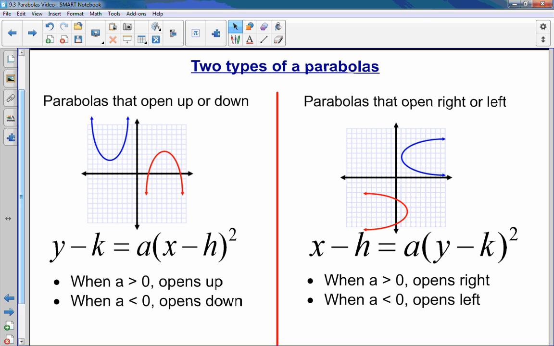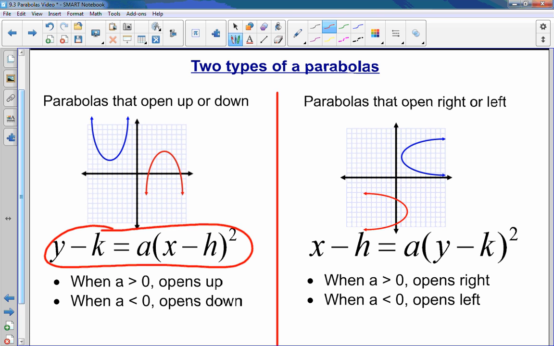Now, they have different equations. If you're used to this guy from chapter 7, that's great. This is the parabola that we saw in chapter 7 because it opened up or down. And if you remember, h and k were the vertex, and a determined the shape of the parabola. If a is positive, the parabola opens up, like this blue one right here.